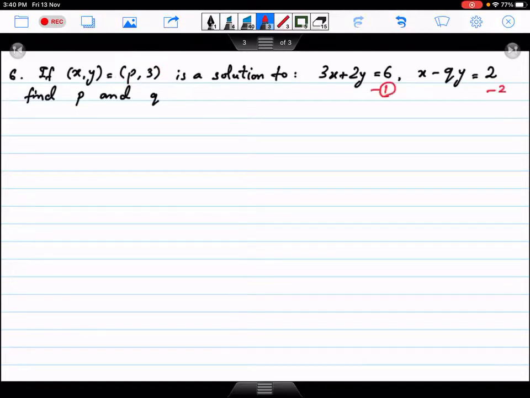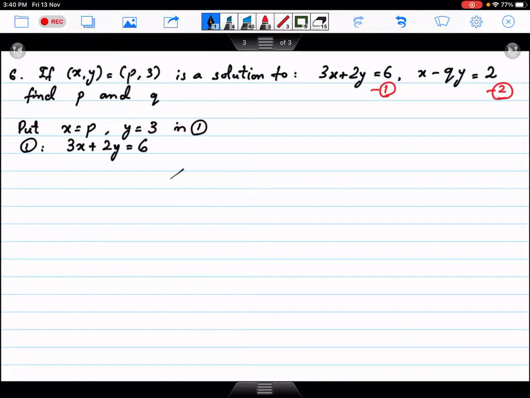So we can put it in any of the equations. So I have marked the equation 1 and 2. What I will do, I will put x equals to p and y is equals to 3 in equation 1. So what was the equation 1? It was 3x plus 2y is equals to 6.